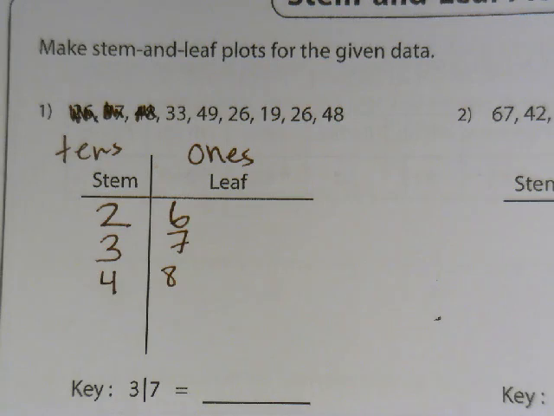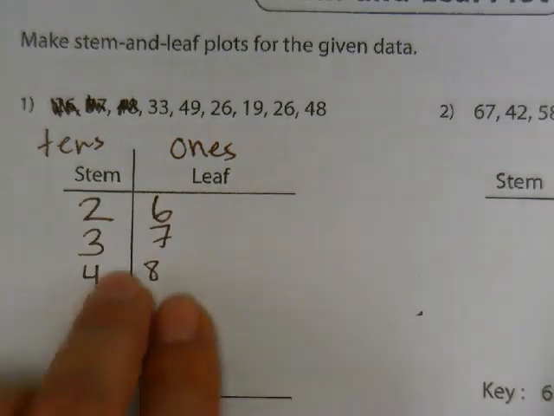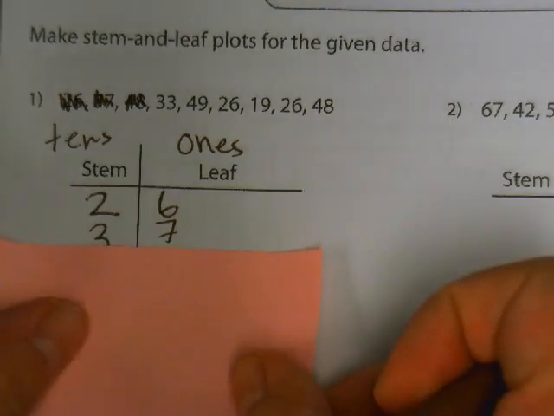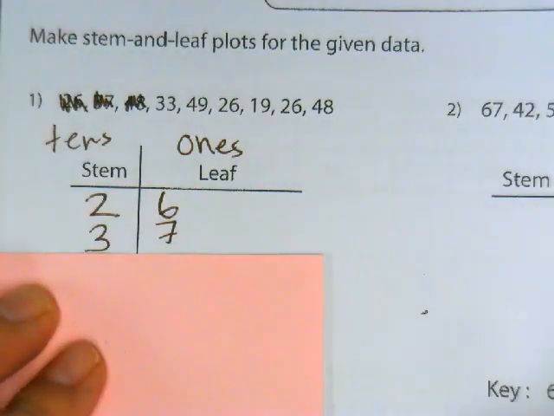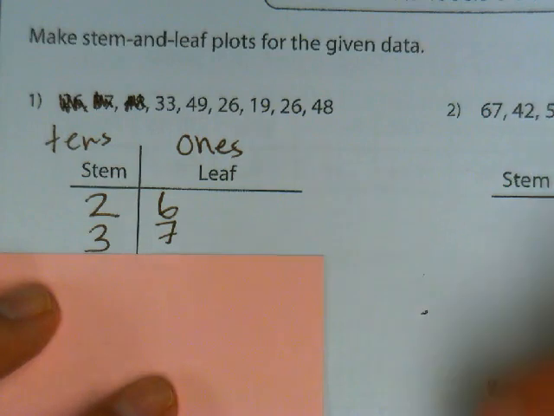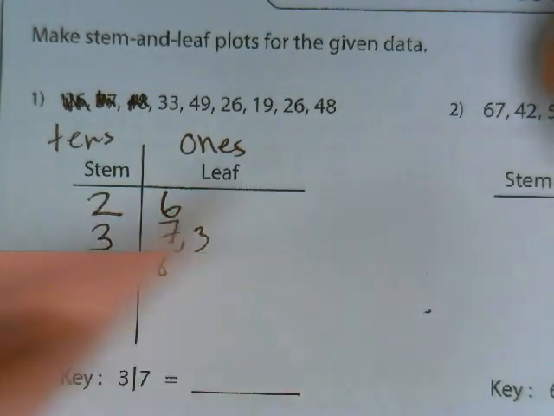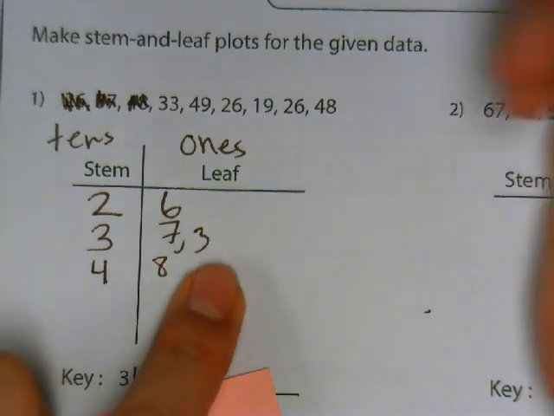So I'm not going to repeat it. We're going to use this 3 right there. What do I only get to add? Just the 3. So I'm going to put a comma and a 3. That means 33.